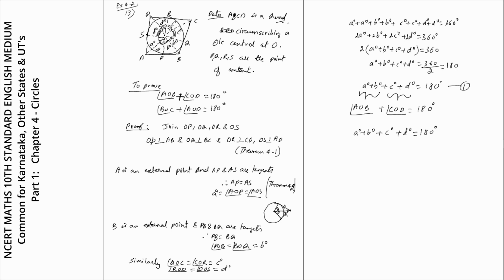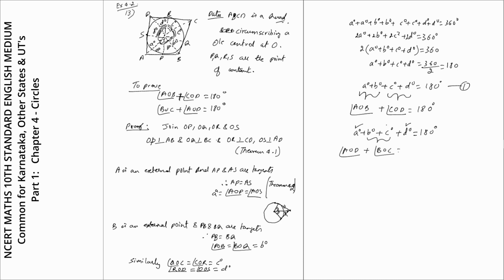Now consider A degrees plus D degrees. A plus D is nothing but angle AOD, and B plus C is nothing but angle BOC, and it is equal to 180 degrees.